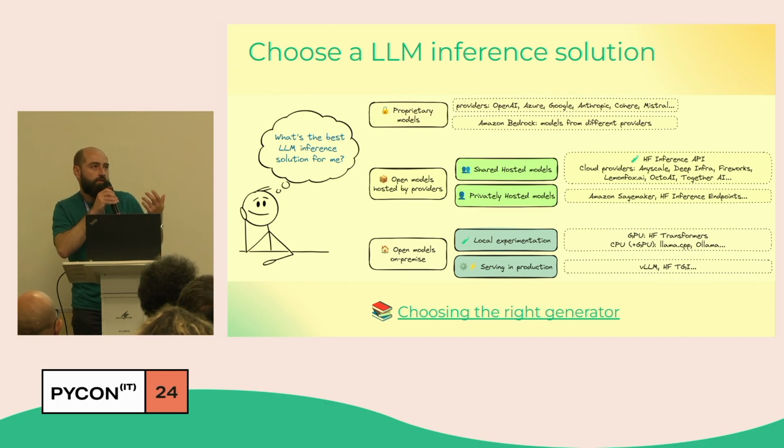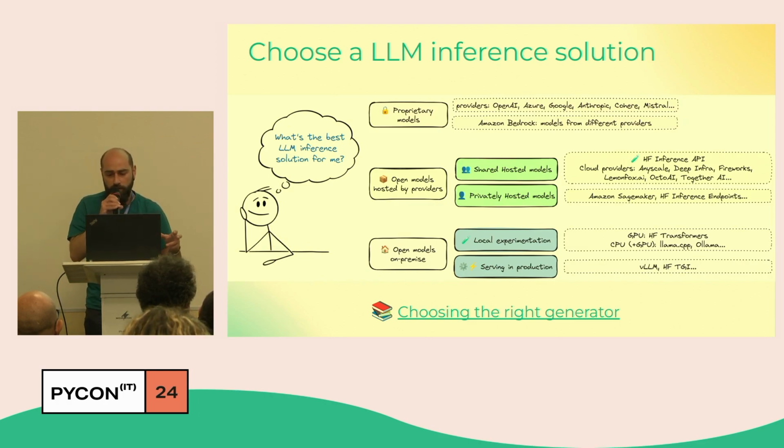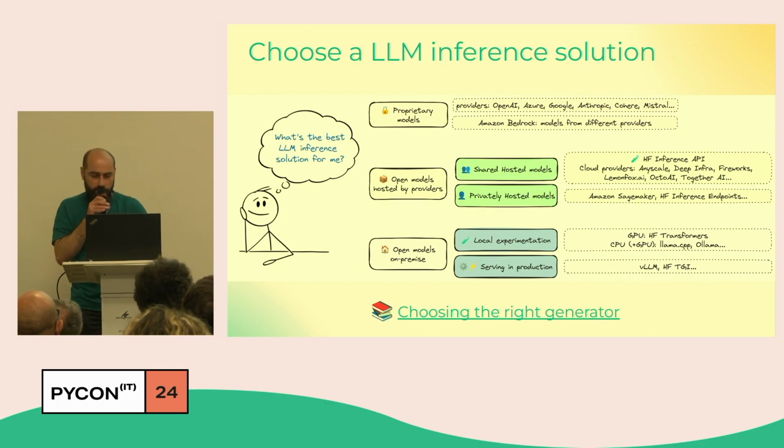If you have plenty of GPU resources and you have to serve something that should be fast and efficient in production, there are two main projects. One is vLLM and the other is Hugging Face Text Generation Inference. I'll provide you the link to the slides. In this link, I'm explaining all these different possibilities.